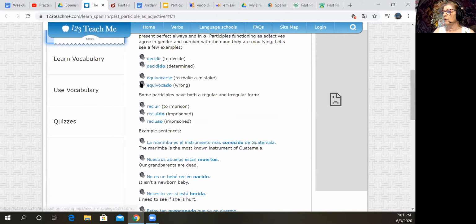Let's look at this word equivocado. This is a really common word because a lot of times when we travel, we do want to express that something is wrong. This amount is wrong. I am wrong. You are wrong. Equivocado is a really, really useful word.